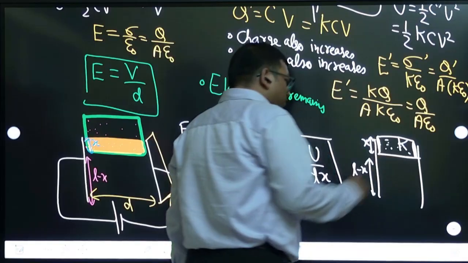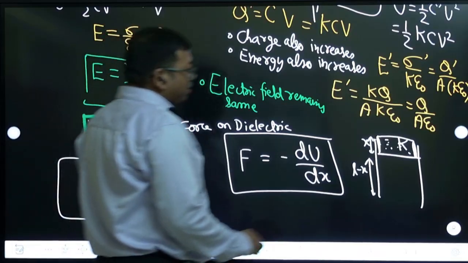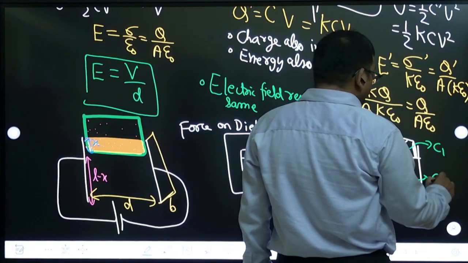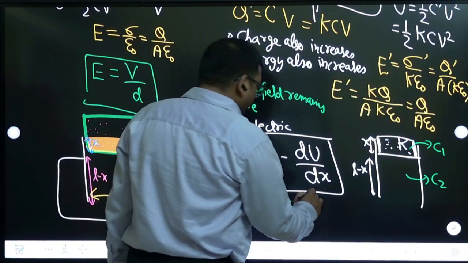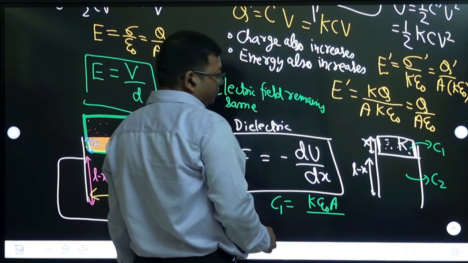So you can consider it like a two-capacitance system in parallel. The upper one you can take as C1 and the lower one, vacuum, you can take as C2. So what will be C1? C1 is K times epsilon naught times area by distance.